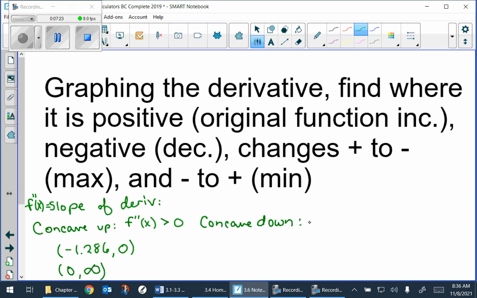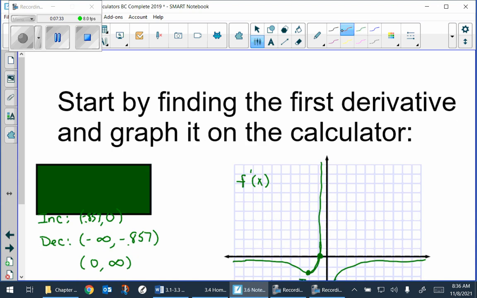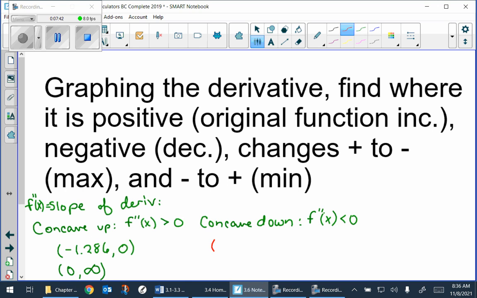We're looking for the second derivative being less than 0, or the slope of the derivative being less than 0, and that appears to occur right here-ish, doesn't it? So I think we would say from negative infinity to negative 1.286.